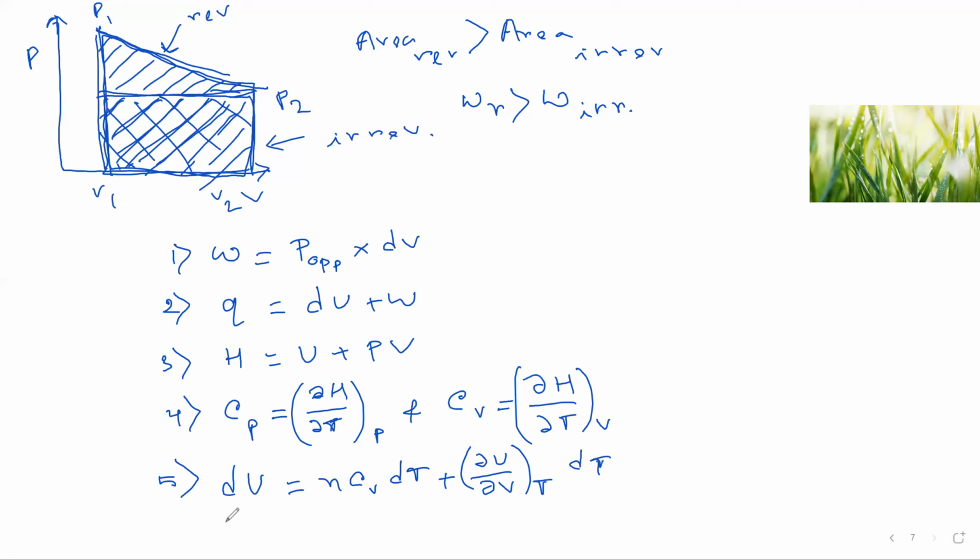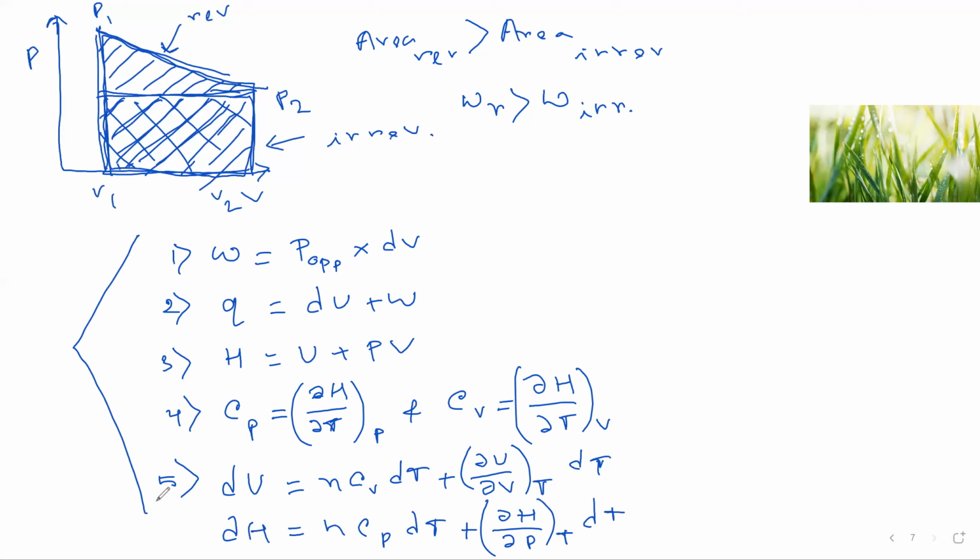Okay, and dH is equal to nCp dT plus del H del P at constant T dP.